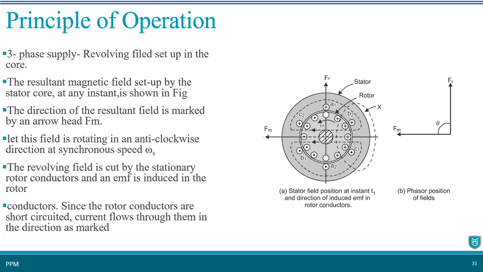That rotating magnetic field links with the rotor, and according to Faraday's law of electromagnetic induction, it produces the voltage on the rotor. And as your rotor is shorted at both ends, that is converted to current, and that current produces the flux. Due to interaction of stator and rotor flux, your machine starts rotating.